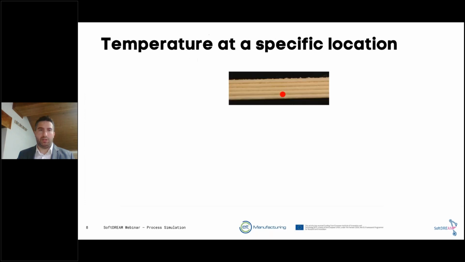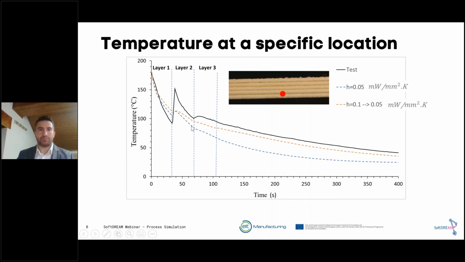to make sure that the simulation is correct, we plot the temperature at a specific point in the center of the specimen on top of the first layer. We plot the temperature from the test as the line in black, and from the simulation as the dashed lines.